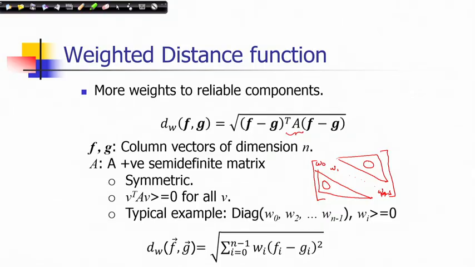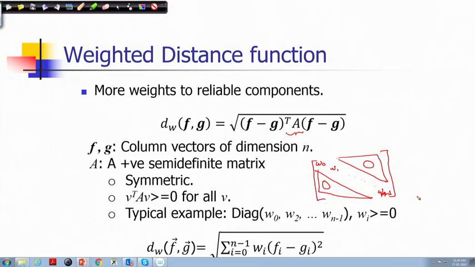One typical example could be that they are weighted by the inverse of the standard deviations, or variance rather, of the variations in the ith component of the feature vectors. If I consider Wi as 1 by sigma i square, where sigma i is the standard deviation of the ith component of these feature vectors, you consider all possible feature vectors. What is the variability on the ith component?